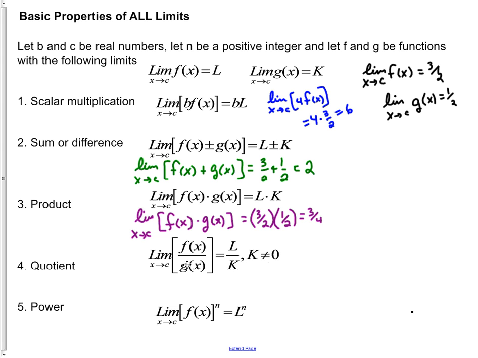Okay. Finally, if we take the limit as x approaches c of f of x over g of x, we take the quotient of these two. That's easy enough to see.